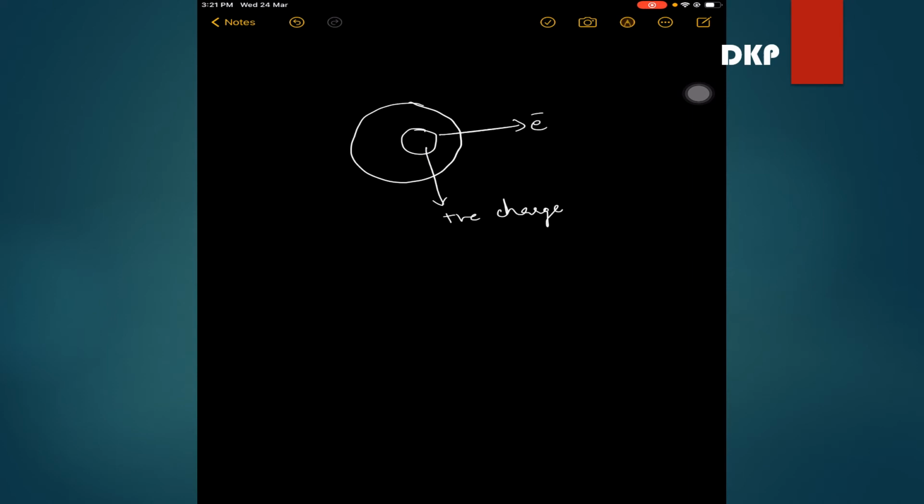Therefore, a body acquires positive charge by losing electrons. When the body gains an electron, the electron itself is having a negative charge. Therefore, a body acquires negative charge by gaining electrons.